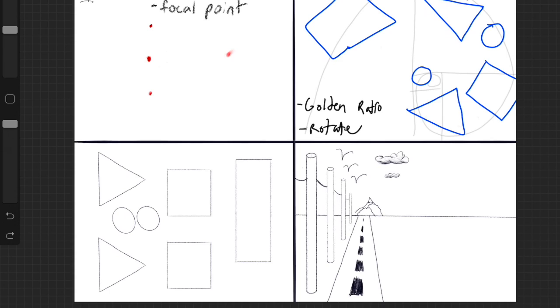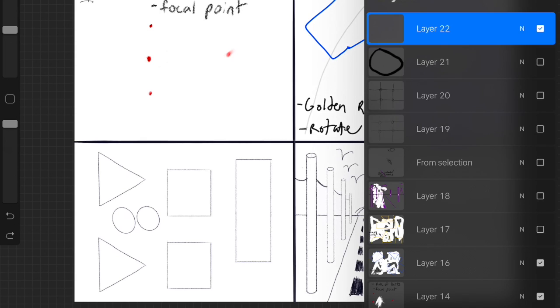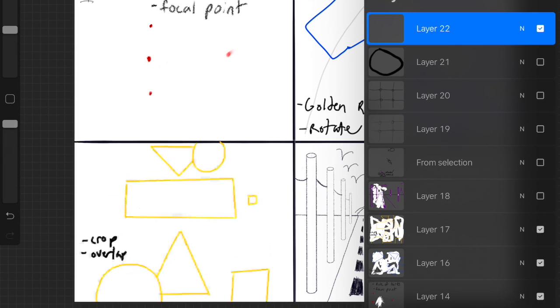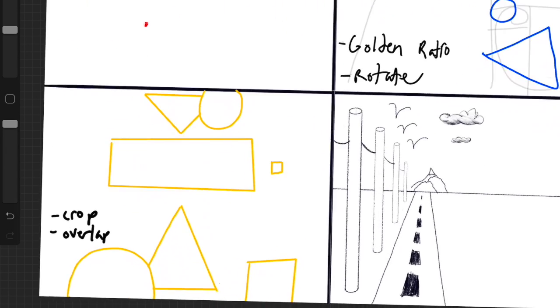So the third one, which is down here, has the same shapes except we have the rectangle that we've included. So to increase perspective and try to play around with this without changing the size, I did 2 things. I moved the circles so they were on top of the triangle, right?